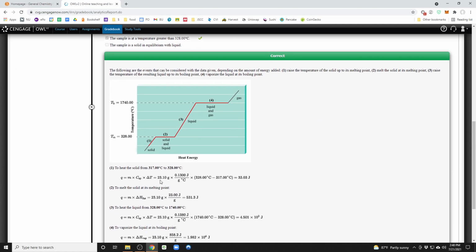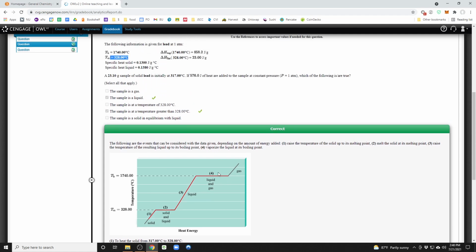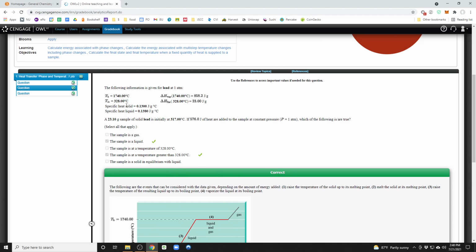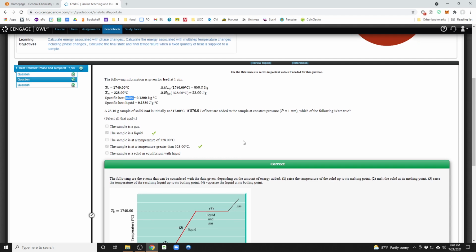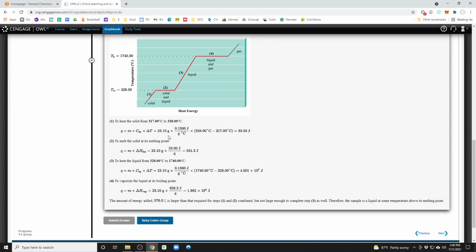We take our 23.1 grams, multiply it by the specific heat of the solid, which is 0.13 joules per gram degrees Celsius, times the final temperature, our melting point, minus our initial temperature. If we do that math, we'll get 33.03 joules.